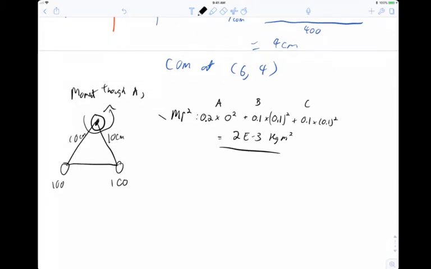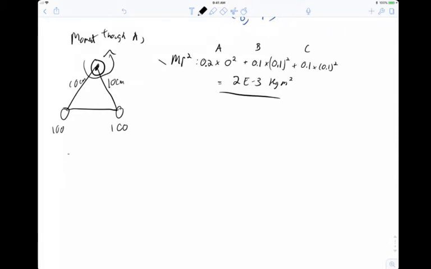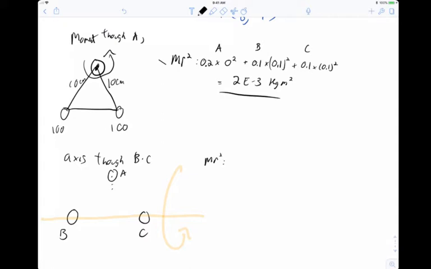All right, find the moment of inertia about an axis that passes through B and C. Weird. So here's B, here's C, here's A. So the axis is going to be like that. And that means everything's going to swing around this way. Mr squared for each of them. Okay, so I need to know what the distance between here and here is. Luckily, it's something I already calculated.